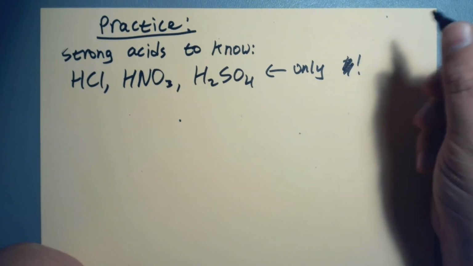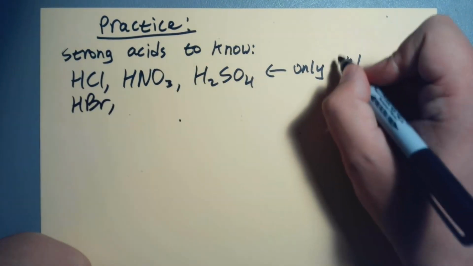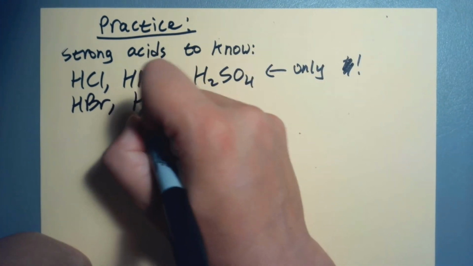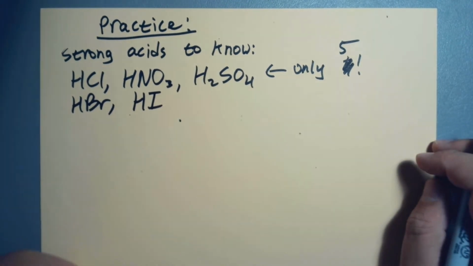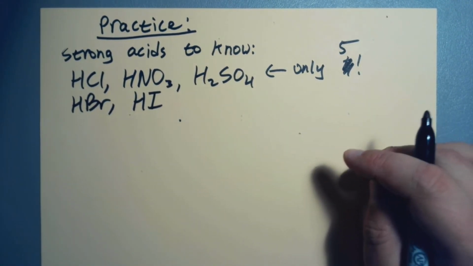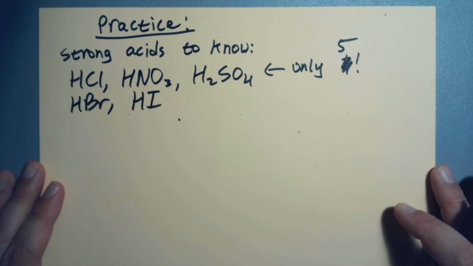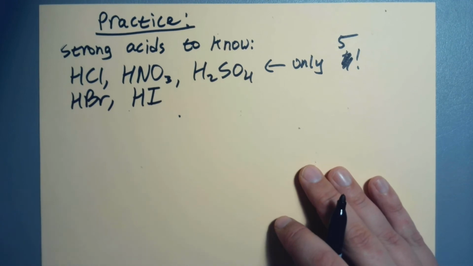Now I feel like a jerk. We'll throw HBr in there. So we'll go with HI. Anyway, so any of those halogens except fluorine. Fluorine is a weak acid when it's HF. We talked about it. It's the one that eats bones. Very unusual. So yeah, just these five to know.